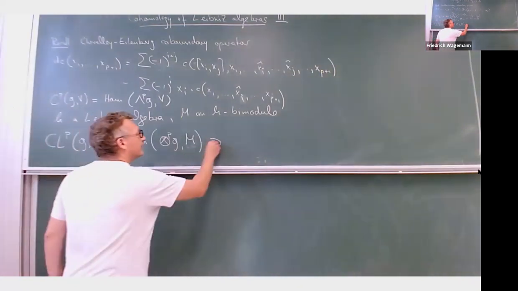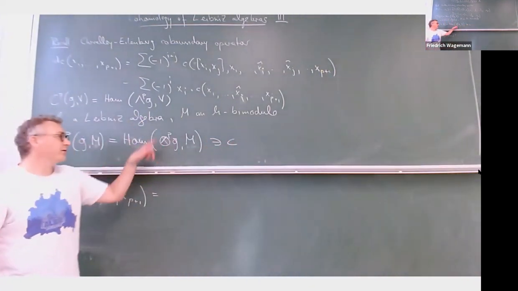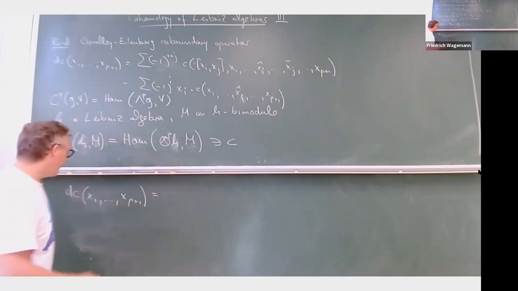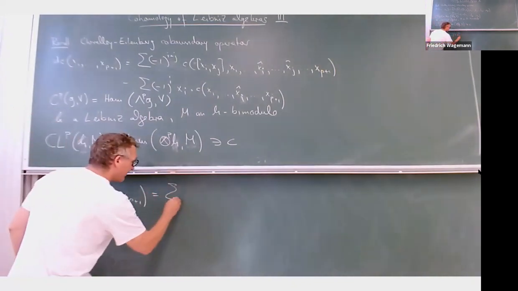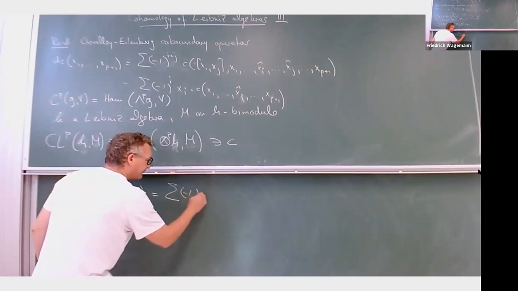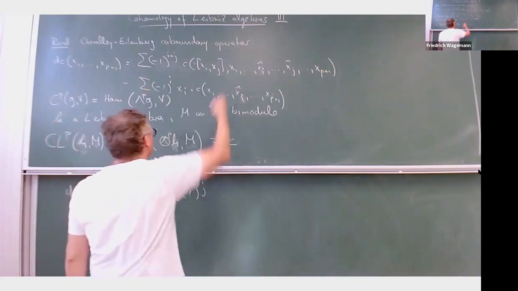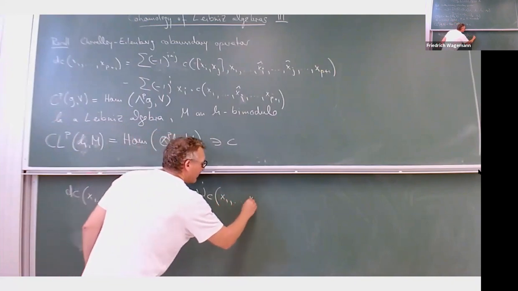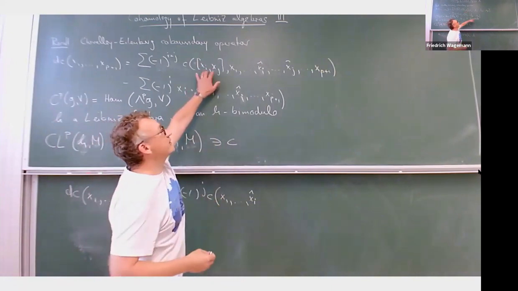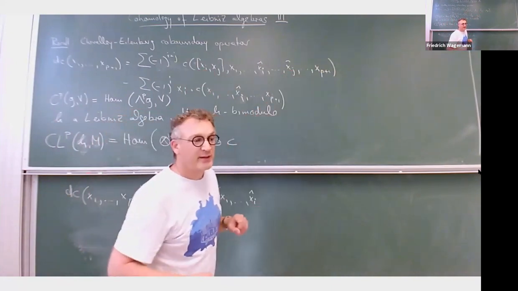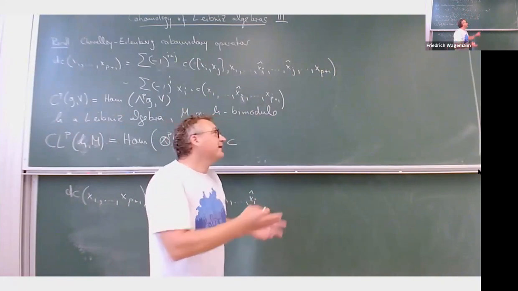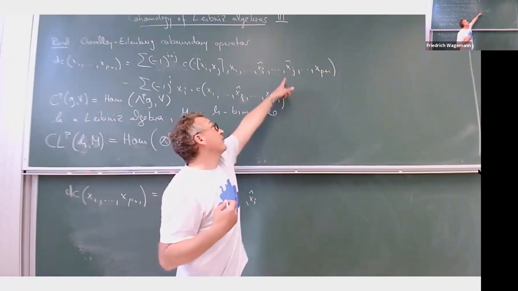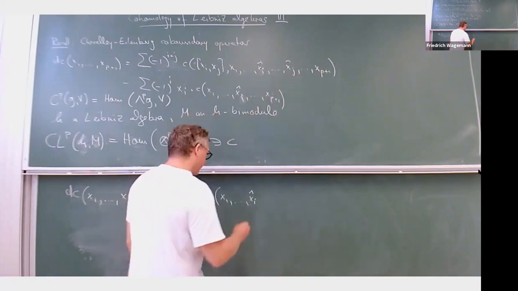Now I take a c, which is a p-cochain on H with values in M. On the one hand, you can have this term here, and what Loday found is that you have to put the bracket not in front, but in the j spot. Actually, for right Leibniz algebras, you have to put it in the i spot, but I'm working with left Leibniz algebras, and for left Leibniz algebras, you have to put it in the j spot.